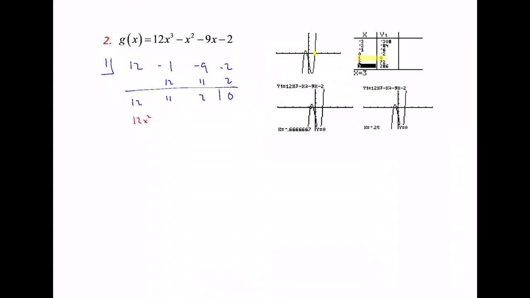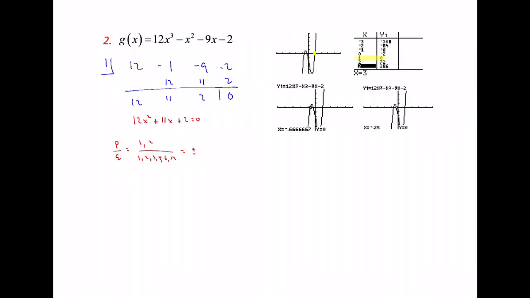You could go ahead and take 12x squared plus 11x plus 2 and solve it. Or you could look at your possible rational roots, which would be factors of 1 and 2 over factors of 12. But the only ones I'm really interested in are the ones between 0 and negative 1. So I'm only going to list those.